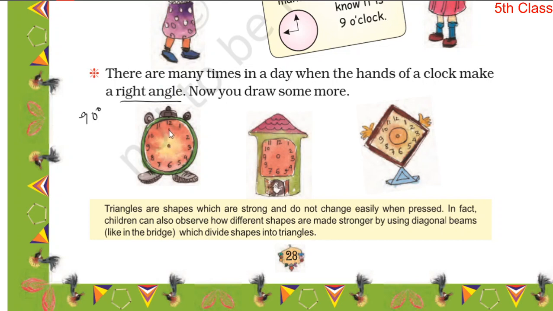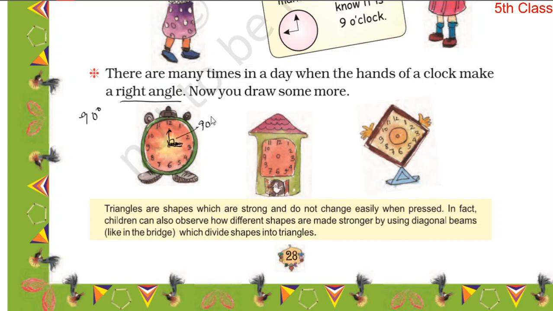Suppose let it be the minute hand. If it is the hour hand, generally the hour hand is short in length and the minute hand is long in length. So when the minute hand is at 12 and the hour hand is at 3, what is the angle made between these two hands?